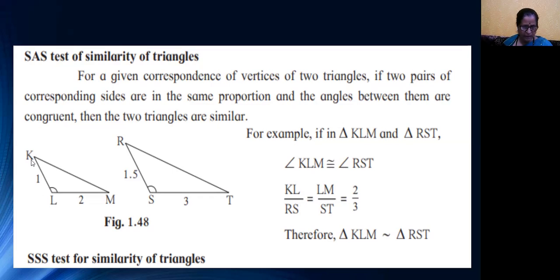See this in triangle KLM and triangle RST. Here first it is given that angle KLM is congruent with angle RST, and then their corresponding sides are in proportion.